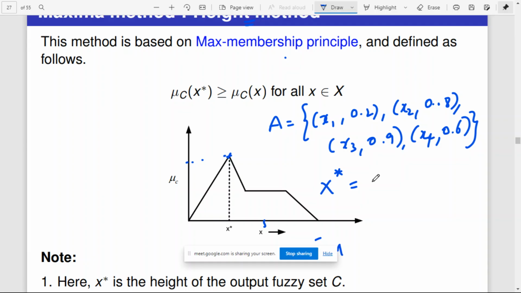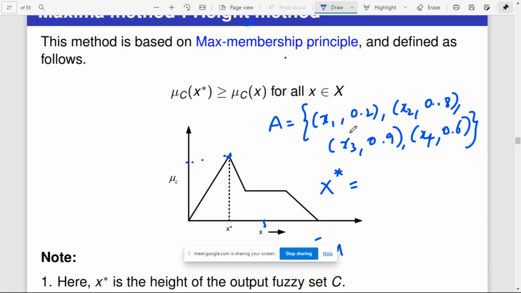Answer please. What will be the value of x star? Are you following or not? For which value of x here is the membership value maximum?